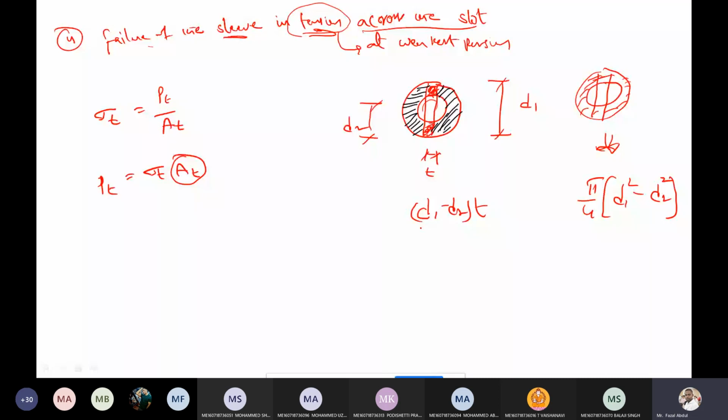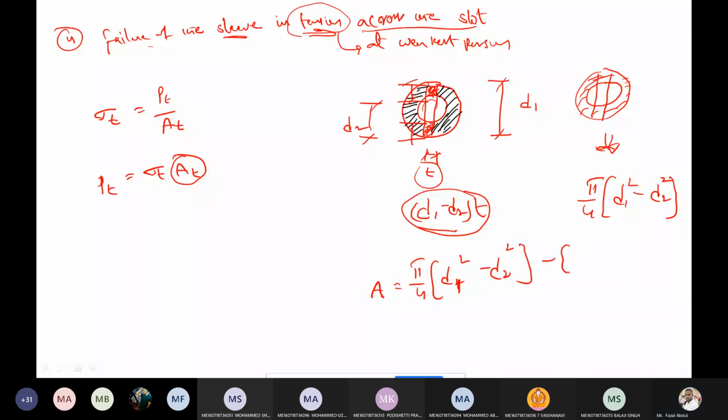If we do d1 minus d2, we will get this thickness value, and the thickness of this one is t. This much amount we are removing from this whole portion. It means the total area will be pi by 4 into d1 square minus d2 square, minus d1 minus d2 into t. So this is the failure area.